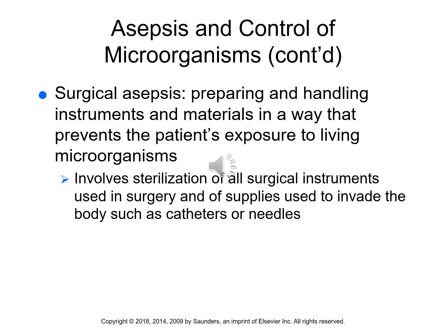Things that require sterile technique, obviously, are any type of surgery or invasive procedure. With surgical asepsis, we're preparing and handling instruments and materials in a way that prevents the patient's exposure to living organisms. It involves sterilizing all surgical instruments used in surgery and the supplies that are used.